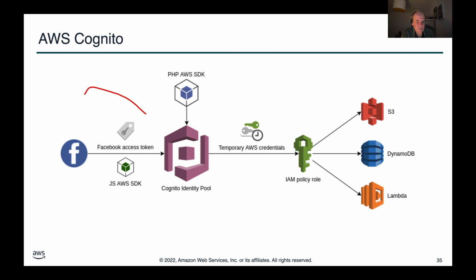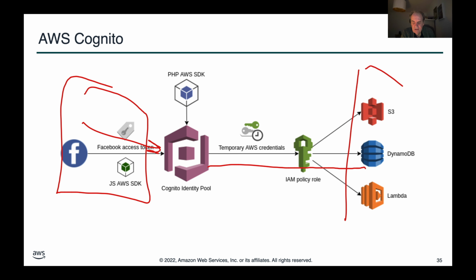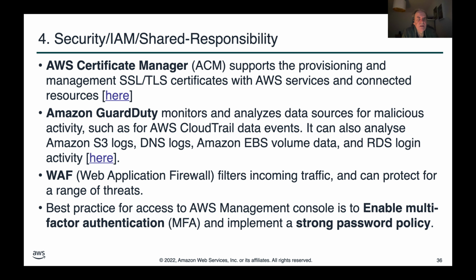Cognito allows us to be able to create federated logins. We could use Facebook, Twitter, Google, and so on, and get tokens from there, which are then trusted into our infrastructure, and then that gives us rights into our AWS infrastructure. So that's Cognito.